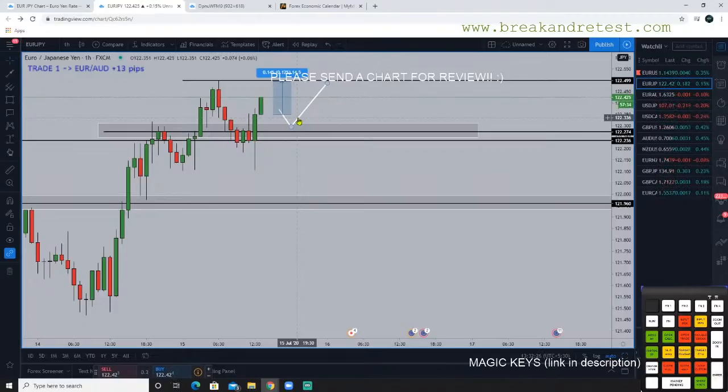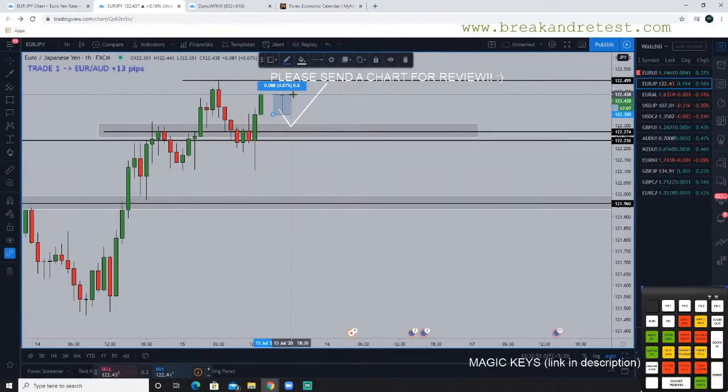Now when price pushes all the way up and comes down for retest, that's not the ideal break and retest. Yeah, it's not gonna be valid anymore. It's almost a 10 pips move. Unfortunately.